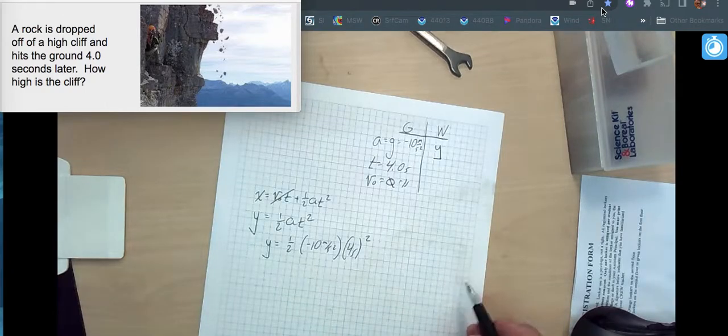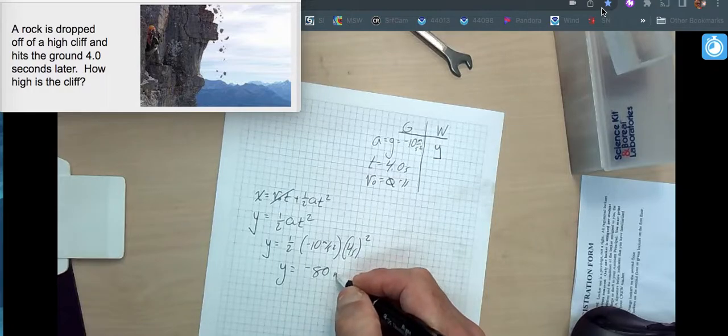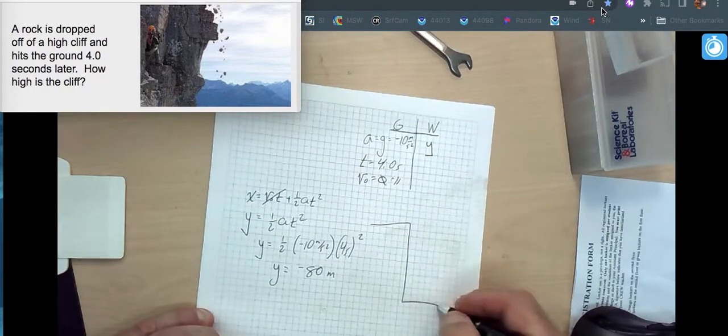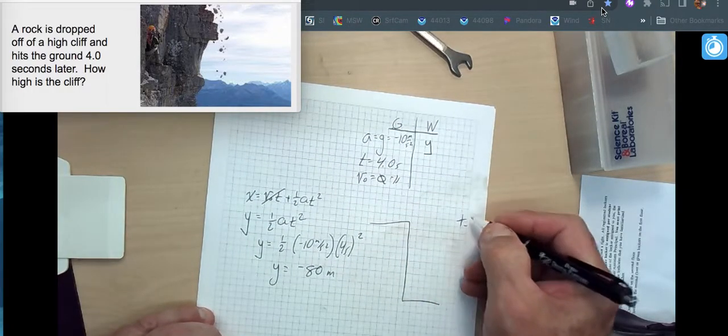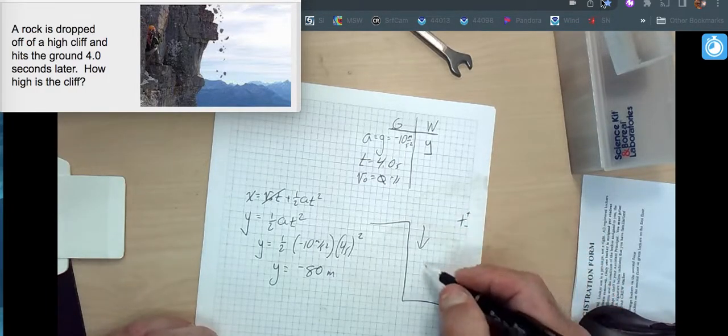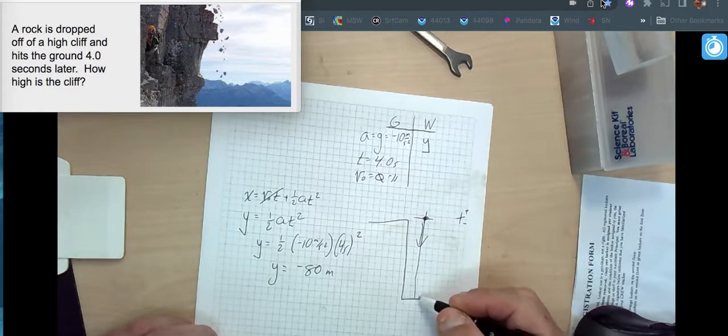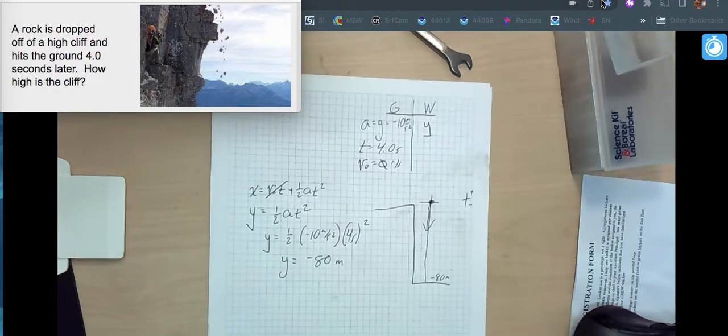So y equals -80 meters. What does that mean? Well, that means the displacement was, on a standard coordinate system, in the negative direction. So it fell from 0 meters down to -80 meters on the y-axis. That's what just happened there. Okay. So how high is the cliff? 80 meters if you fall for 4 seconds.